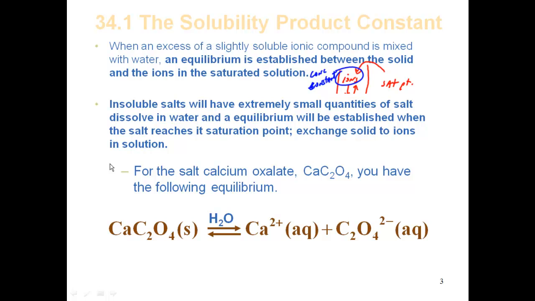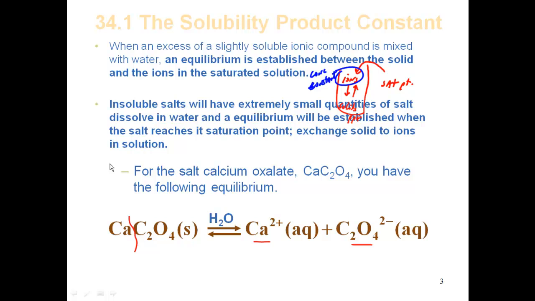Let's look at an example of calcium oxalate. This is an insoluble salt. We write an insoluble salt the same way that we write a soluble salt. You take a soluble salt, you break its ionic bond and form its ions. So we do the same thing here. You've got calcium oxalate, which is an insoluble salt. We break that ionic bond and we form calcium ions and oxalate ions.